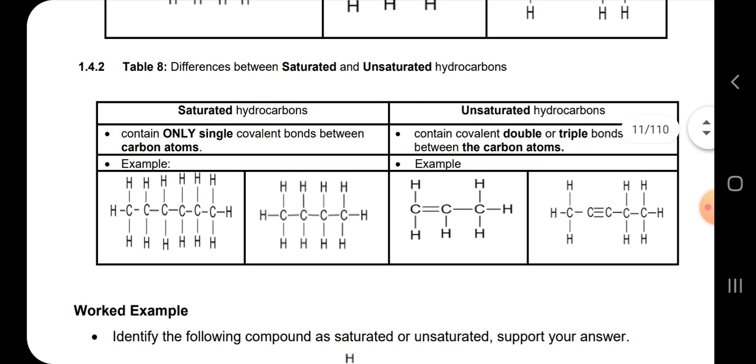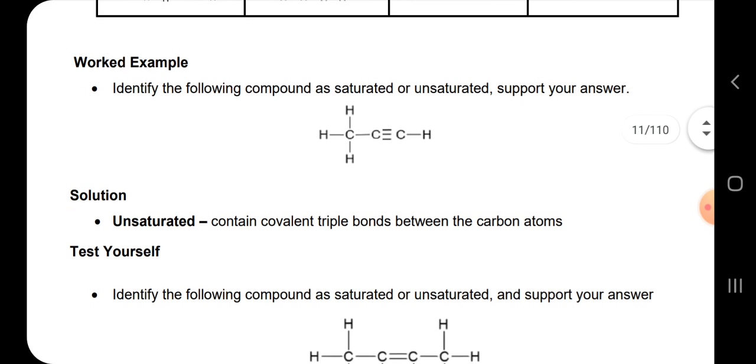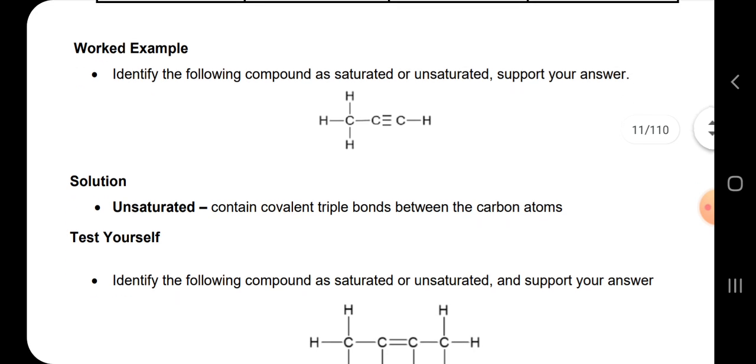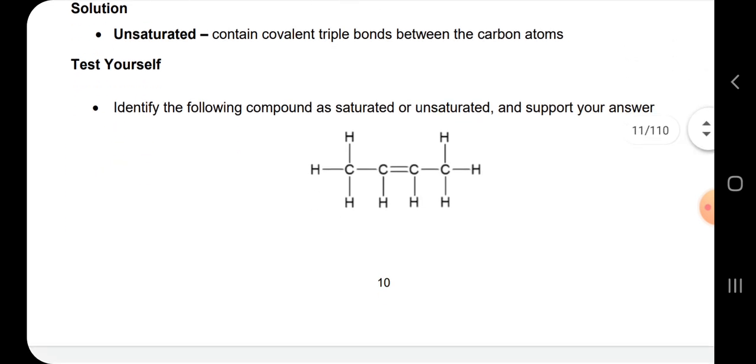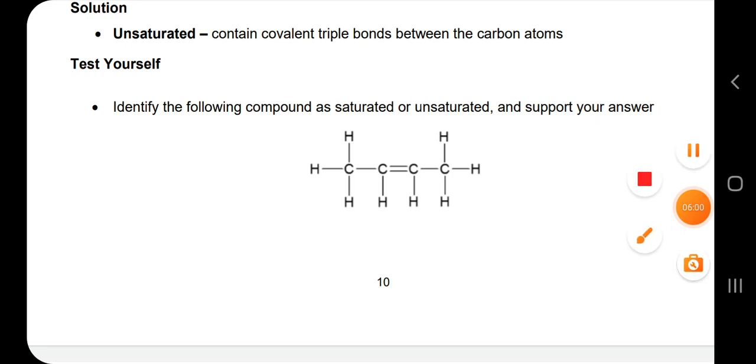So whenever you see hydrogen and carbon, it's covalent, whether they have a double bond or a triple bond. So you can identify the following compounds as saturated or unsaturated and support your answer. There is the solution. You can test yourself.